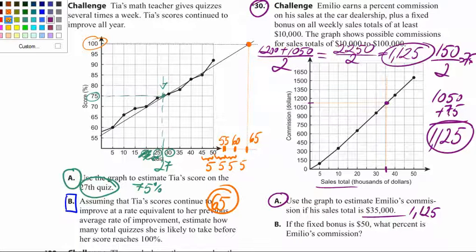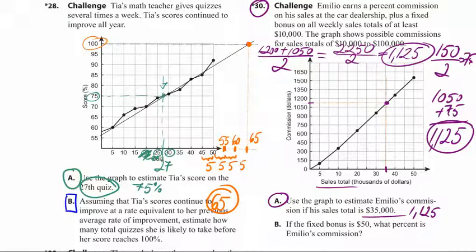Part B. If the fixed bonus is $50, right? Fixed bonus is $50. What percent is Emilio's commission? How can we find that? An easy way to find that would be to check any one of the points given on your graph, and find first what is the commission for that, right?